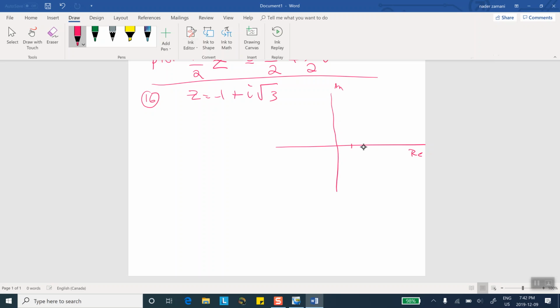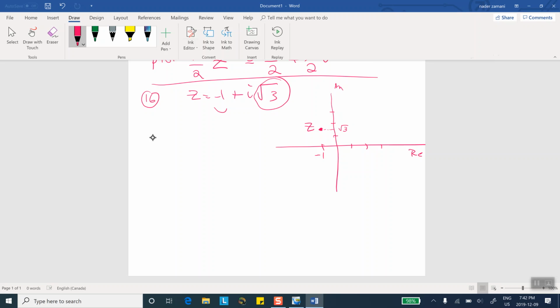You put some tick marks here indicating 1, 2, 3, etc. Notice that the real part is -1, so you go to the left by 1, and the imaginary part is root 3. Root 3 is approximately 1.7, so it's going to be right there. There's your z, and this is approximately root 3, 1.7, and this is of course -1.